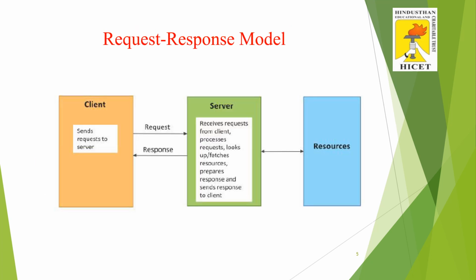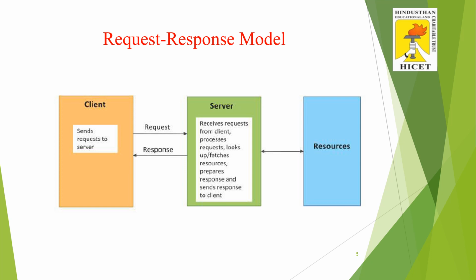In this model, we have client, server and resources. The client is connected to the server. The client sends a request to the server. Based on this request, the server is going to send the response to the client. The server gives the response which fetches the data and retrieves the resources.